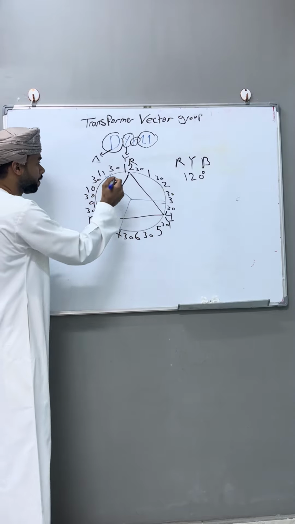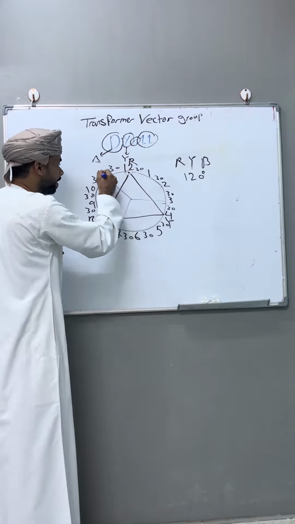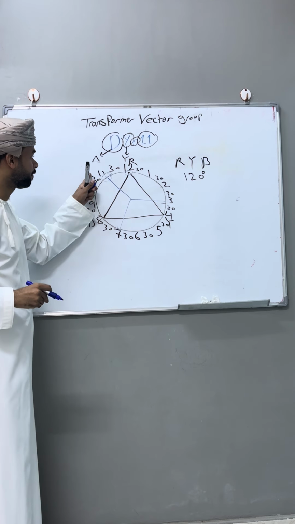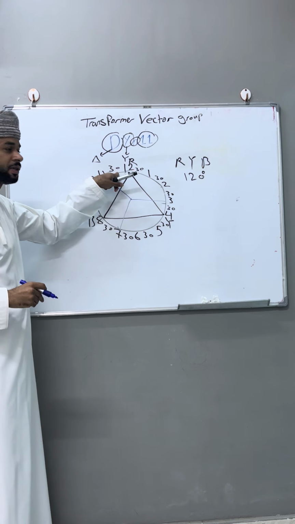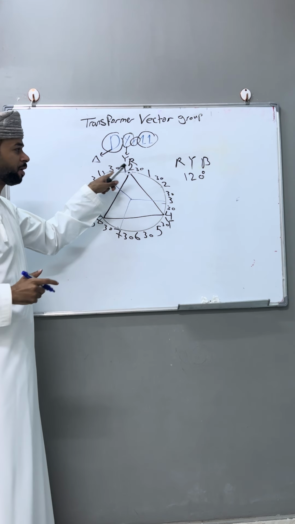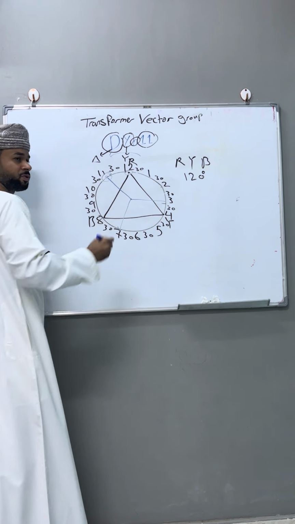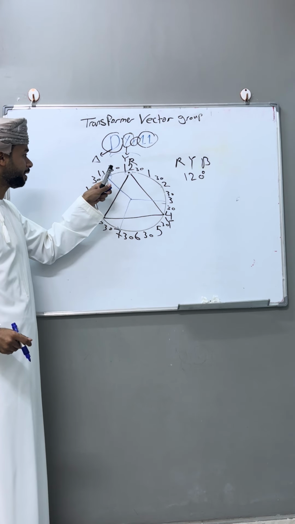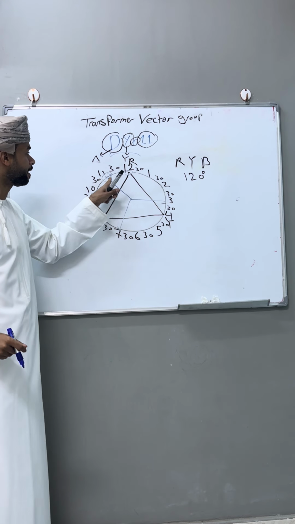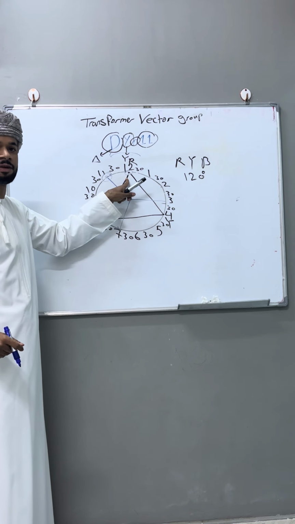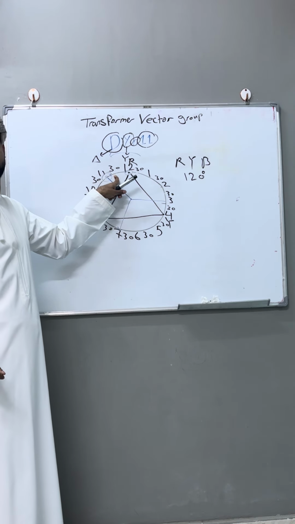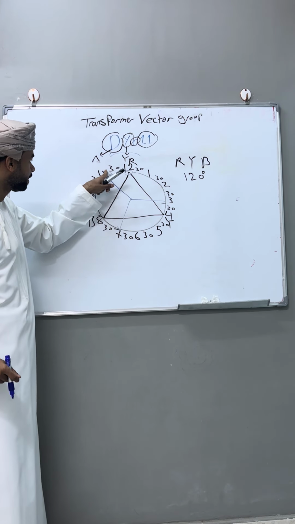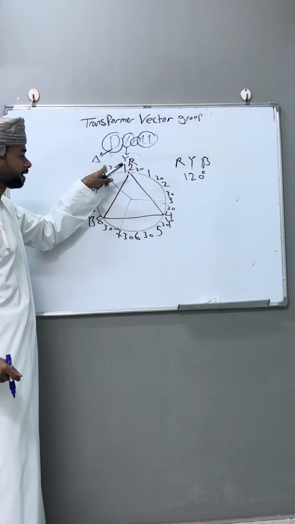Now let's check this one between R capital and R small. How much phase shift is between them? It is 30 degrees, right? If you see the anti-clockwise direction like this one, who will lead? We will see that the secondary side leads the primary side by a phase shift of 30 degrees. So this is how the 30 degree phase shift comes.